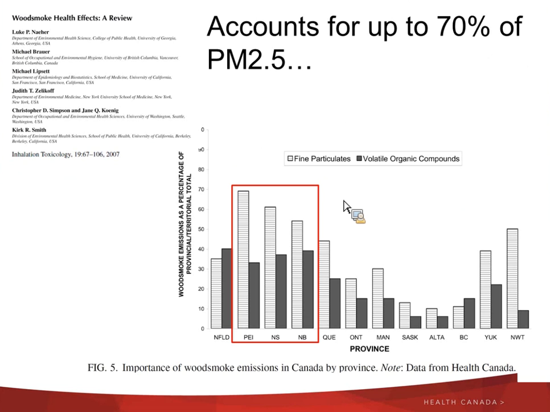And it's been shown with source apportionment studies that wood smoke accounts for up to 70% of PM 2.5 emissions, particularly in the Atlantic provinces. So I've highlighted here New Brunswick, Nova Scotia, and PEI, where between 50 and 70% of PM 2.5 emissions are accounted for by wood smoke.